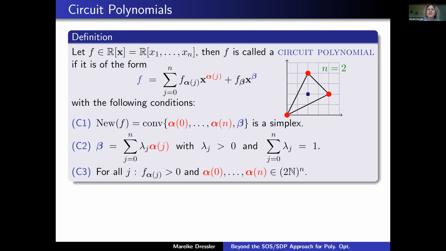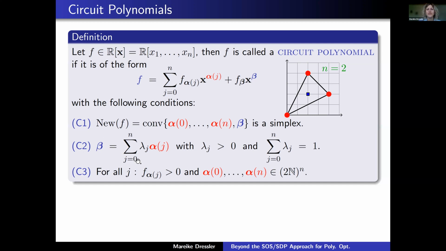Secondly, there is one specific exponent, one support point, let's call it beta, that lives in the strict interior of this simplex. And geometrically, I can express this beta, this interior point, as a convex combination of the vertices.